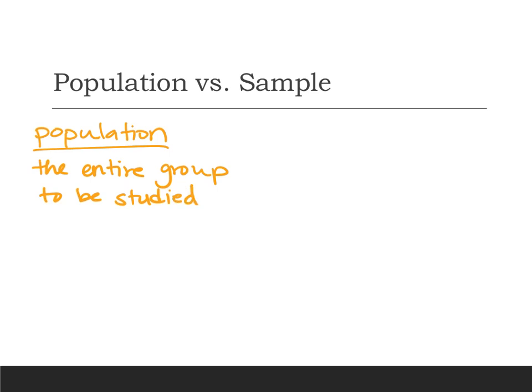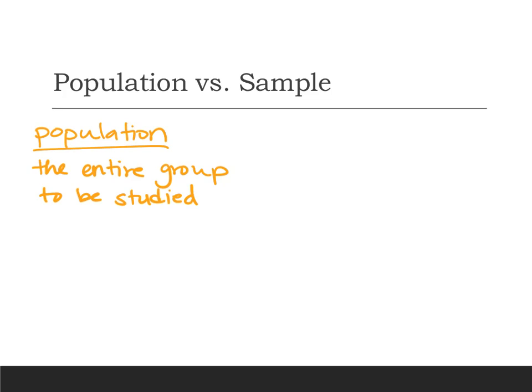And we need to make sure that we're careful, because this doesn't necessarily mean every single person from everywhere from all time. If I am studying something about maybe the heights of young women between the ages of 18 and 24, well, if it's not a female in that age group, then they're not part of the population.